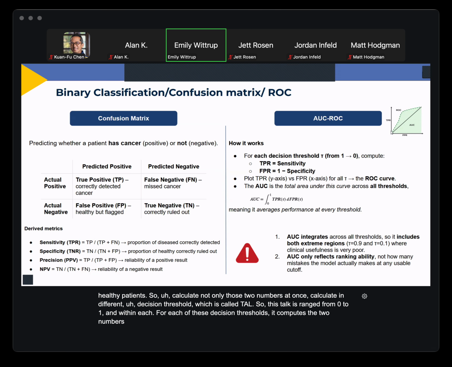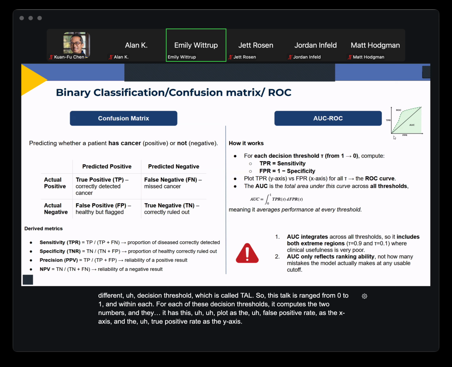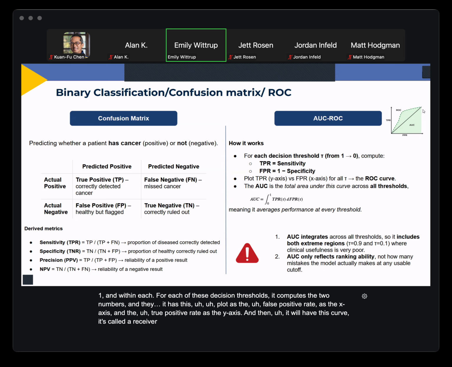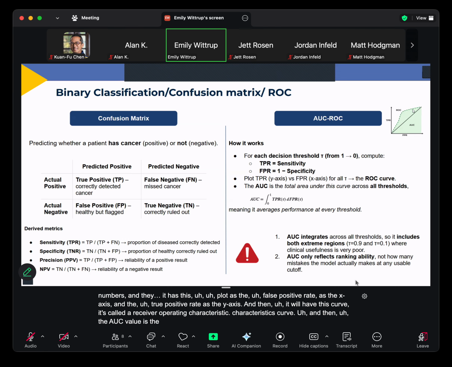It plots the false positive rate as the x-axis and the true positive rate as the y-axis, and then it has this curve. It's called the receiver operating characteristic curve. And the AUC value is the total area under this curve.